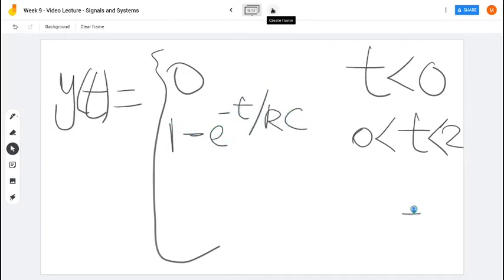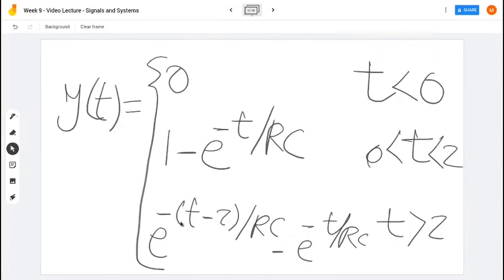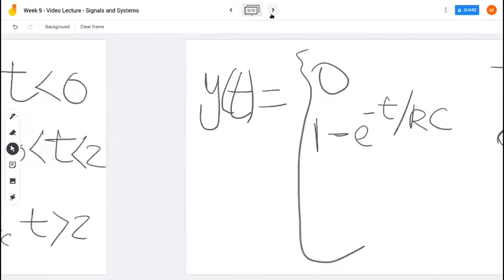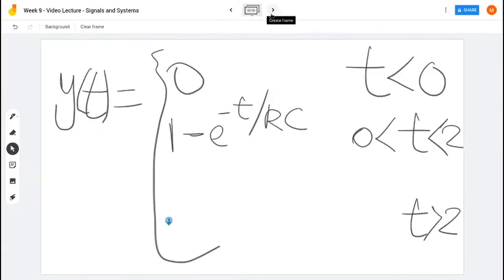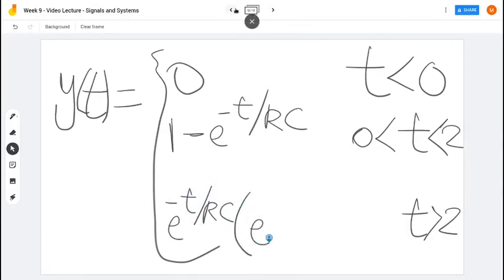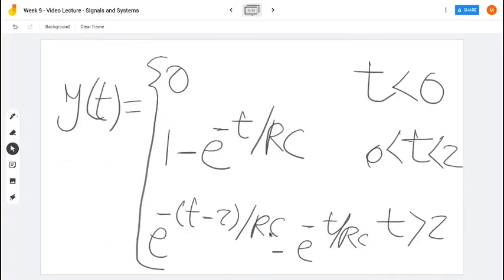And when t is larger than 2, you can take e to the negative t over RC as a common factor, and we'll end up with e to the negative t over RC times e to the power 2 over RC minus 1.